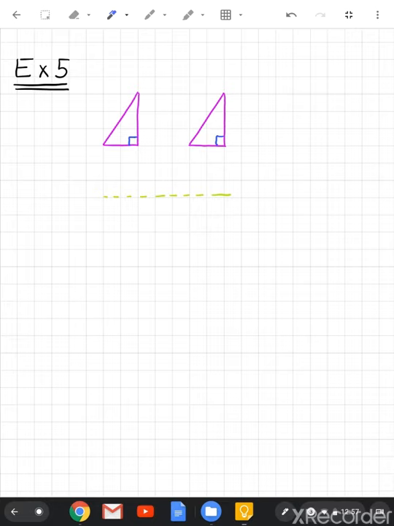So they have the same shape and the same size. So are they similar? Yes, they are similar. And are they also congruent? Yes, they are congruent. So these two right angle triangles are similar and also congruent.